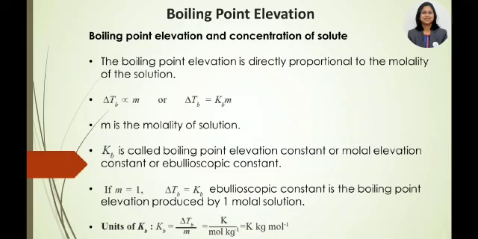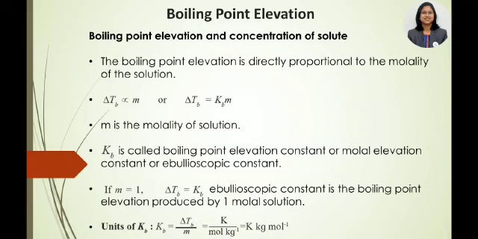There's a method called ebullioscopy, which is an experimental method to determine the molecular mass of a non-volatile solute by measuring the boiling points of a pure solvent and a solution of known concentration. So ebullioscopy is a method and the ebullioscopic constant is Kb.